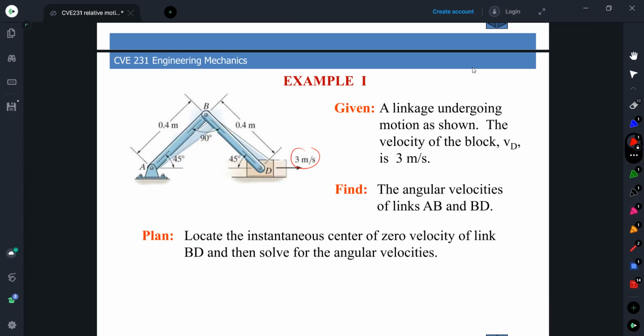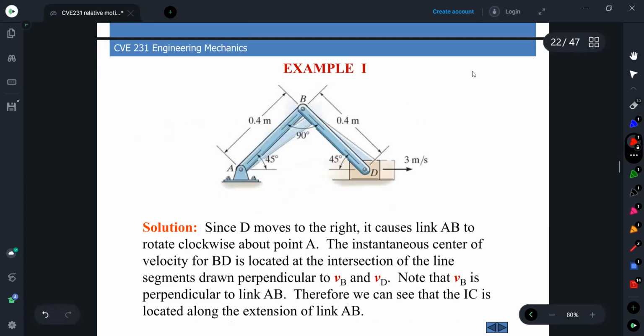For this problem, we start by locating the IC first. Because D is moving to the right, we can draw the line perpendicular to VD first.